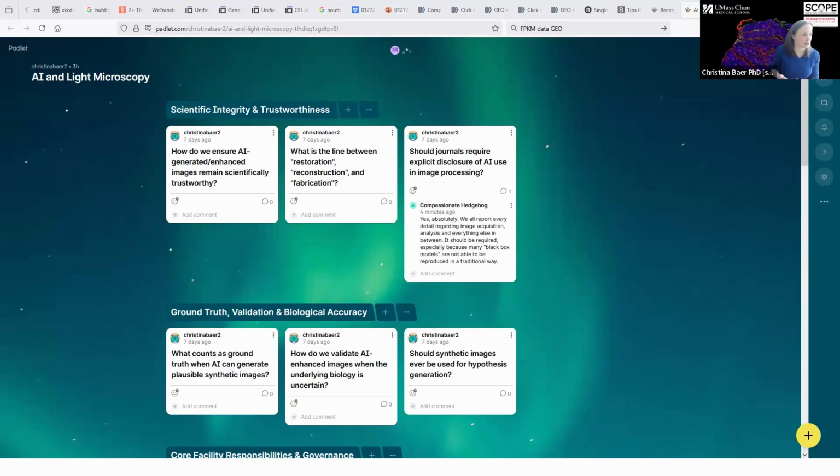The next question we had listed here is, what is the line between restoration, reconstruction, and fabrication? This could probably be an hour-long conversation as well, and vary somewhat depending on the type of microscopy that you're doing. But Doug, based on your perspective, do you have thoughts on how it's been handled historically, or what we should think about applying now that we can do so many things with AI?